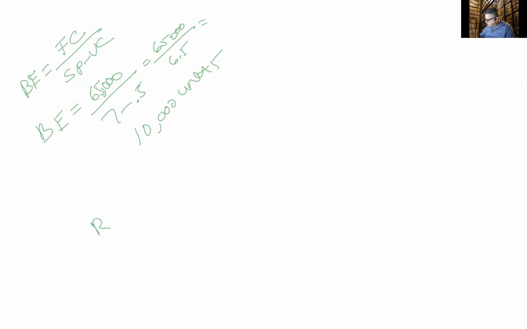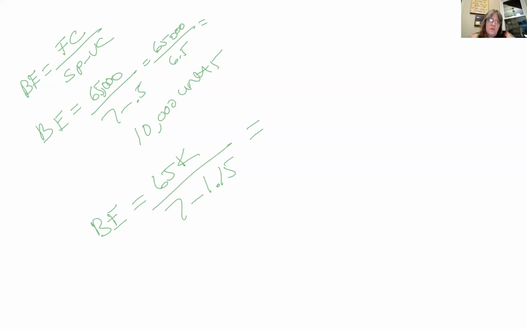So my break-even in units is going to be 65,000 divided by 7 minus $1.15. Where'd you get the $1.15 from? From the question.